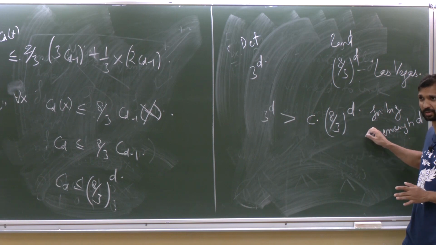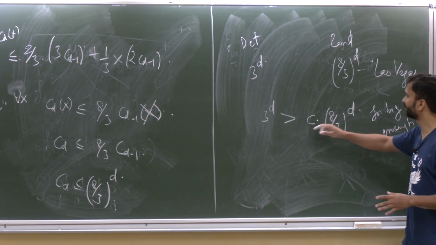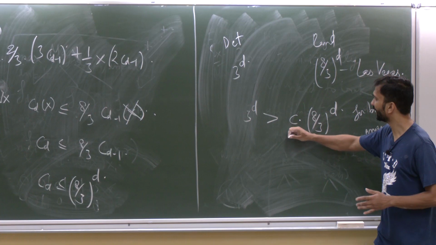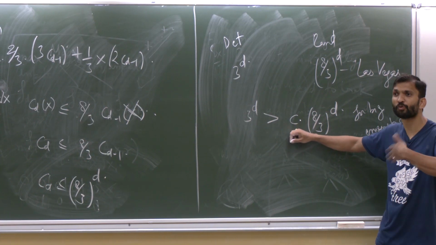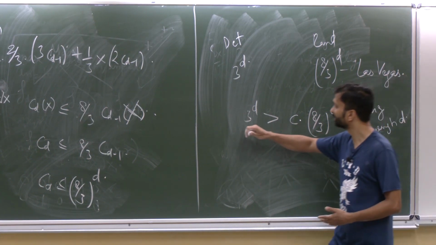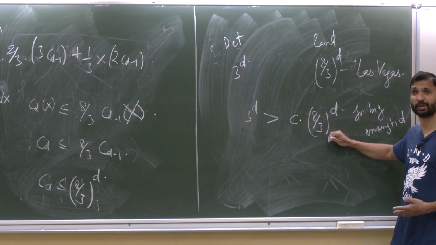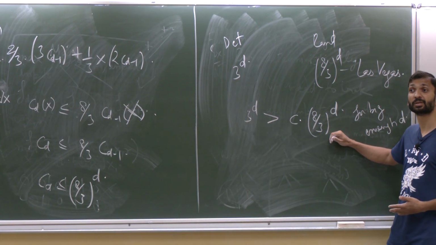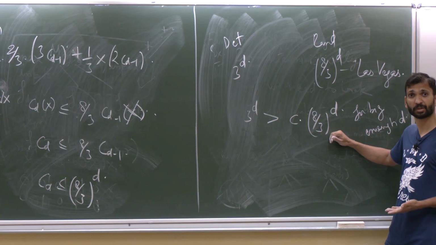So this is fine, right? These are different asymptotically. So now whatever constant you want to use for amplification, still the deterministic cost will be higher than the randomized cost.